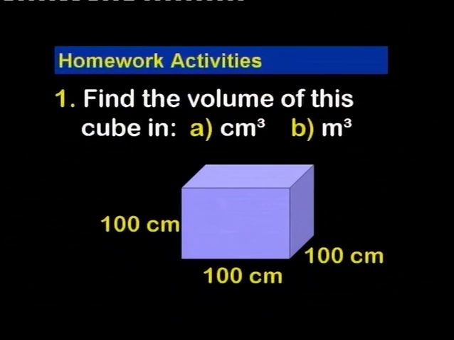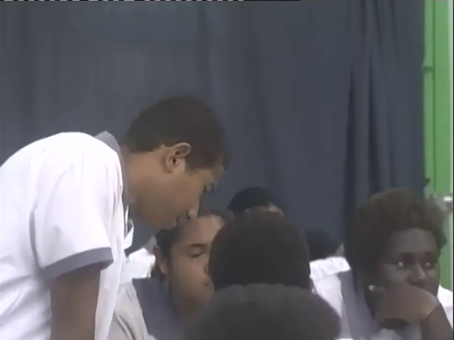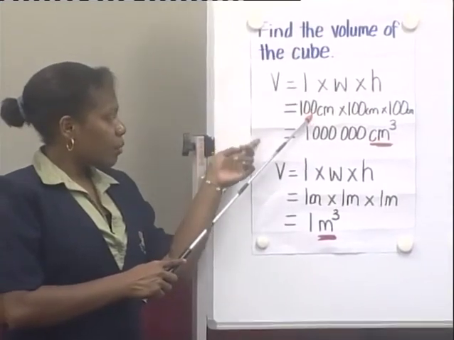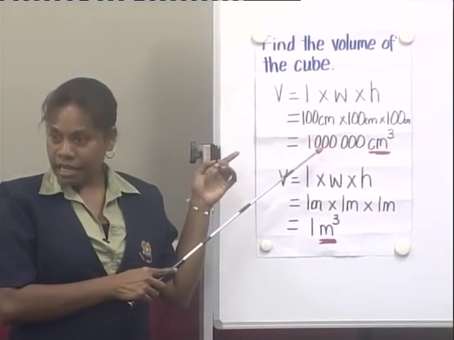All right, Alfred. Yes? I'd like everyone to listen to Alfred, please. By converting 100 to 1 because 100 equals 1 meter. Okay, Alfred said 100 is equal to 1 meter. Now 100 what? 100 centimeters. So in other words, 100 centimeters is equal to 1 meter.